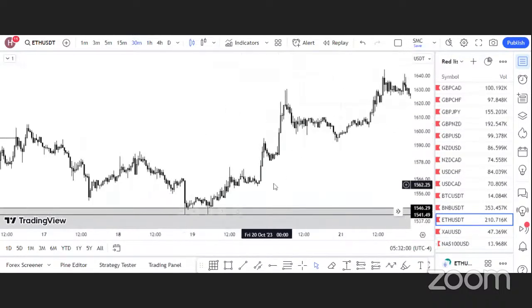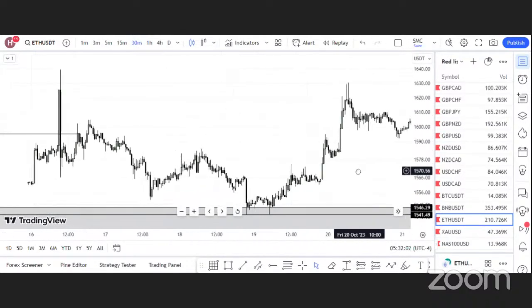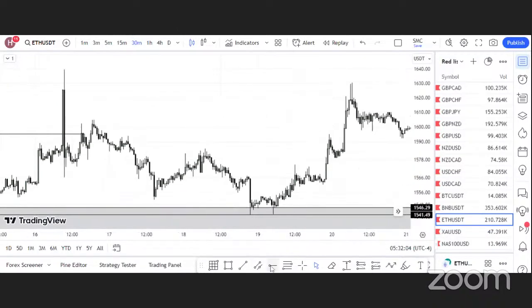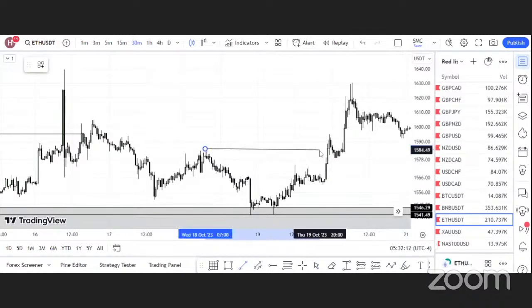So the secret is this: if you take your analysis from the top to the bottom, things hardly go wrong. Okay. I'm not saying it's 100%. Okay, you're not going to be getting a 100% win rate every time. Sometimes you make 100%.